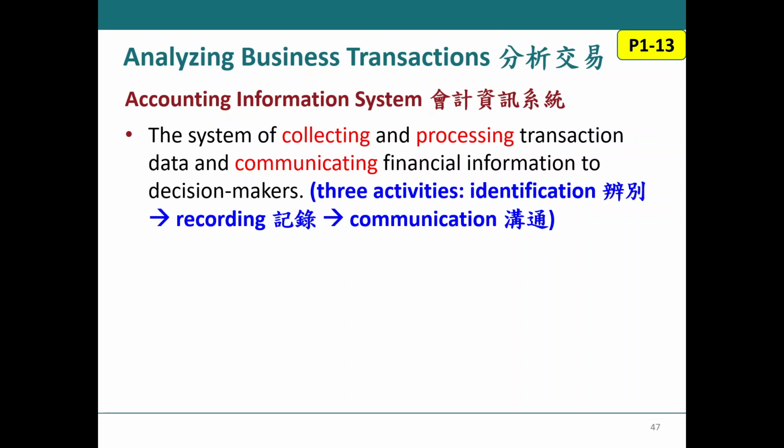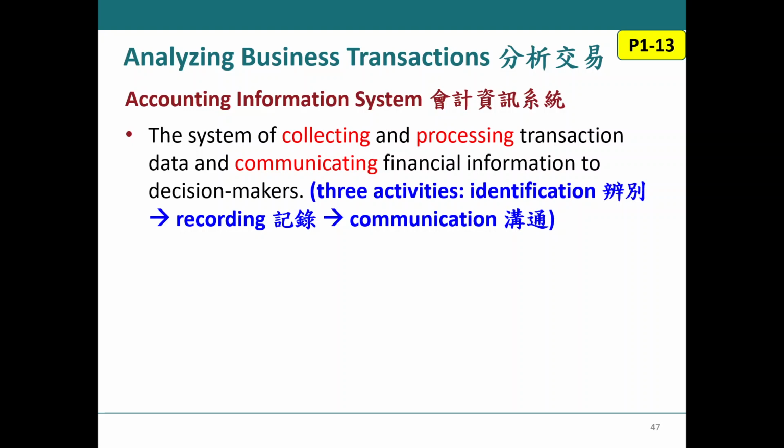Remember, what are these 3 accounting activities? Identify: find out what's going on in the company, so we will find out if it is a good apple or a bad apple. After that, we try to record it, writing down the situations to tell whether they are good or bad apples.